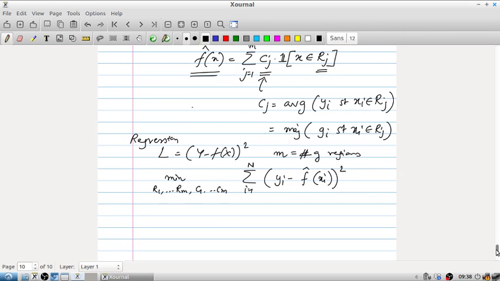So this search for the right regions and coefficients would give me a classifier, or here a regression function.